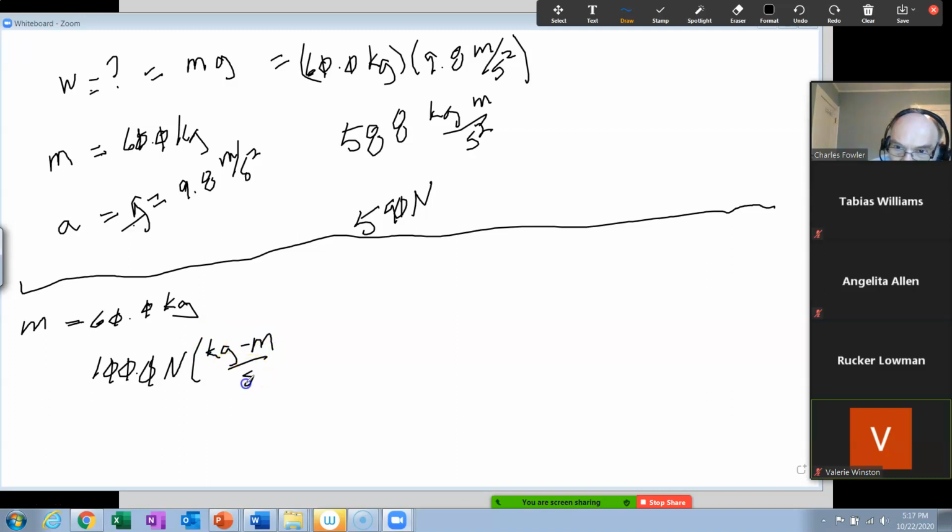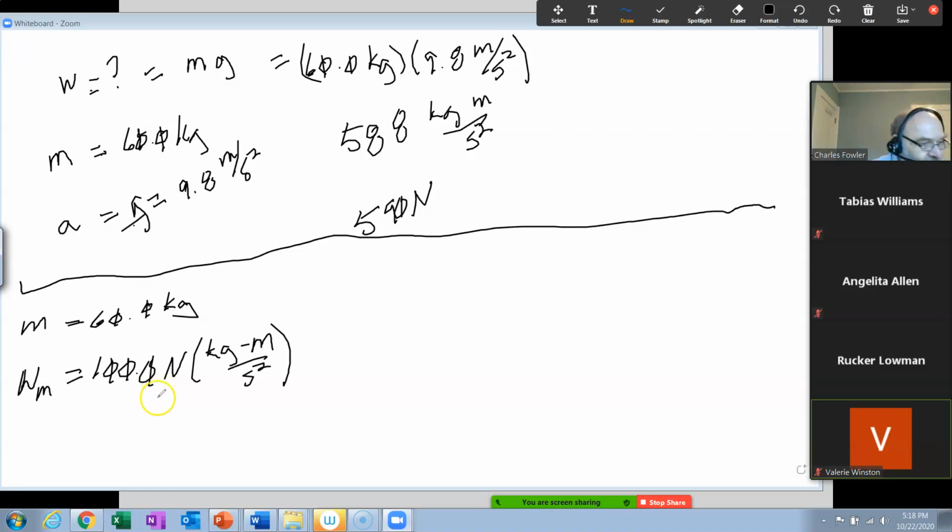Kilogram meter per second squared. Mass times acceleration. Okay? On the moon. So this is his weight on the moon. That little m stands for moon. That's a little w too. It may not look like it.